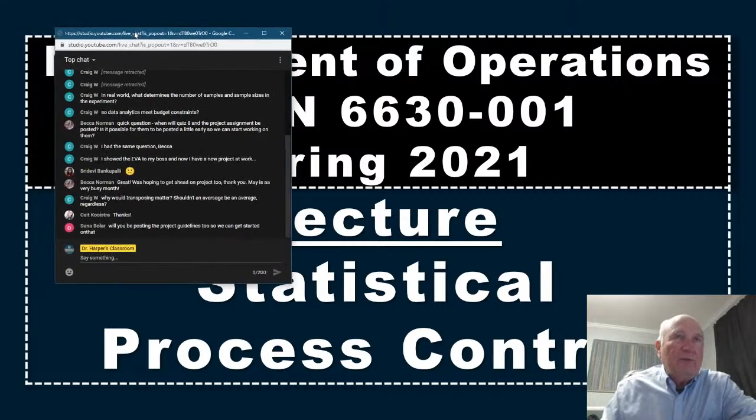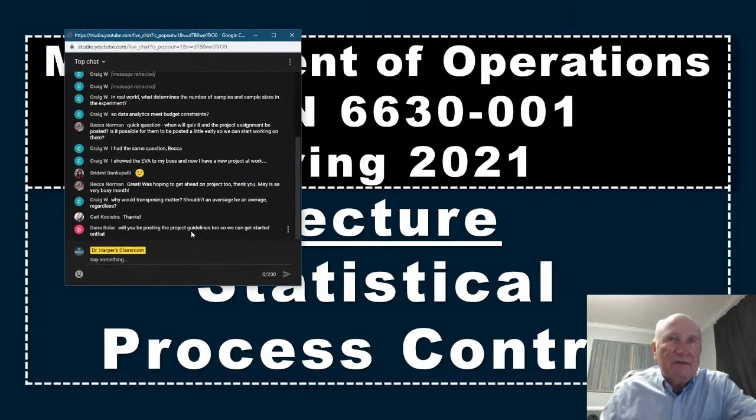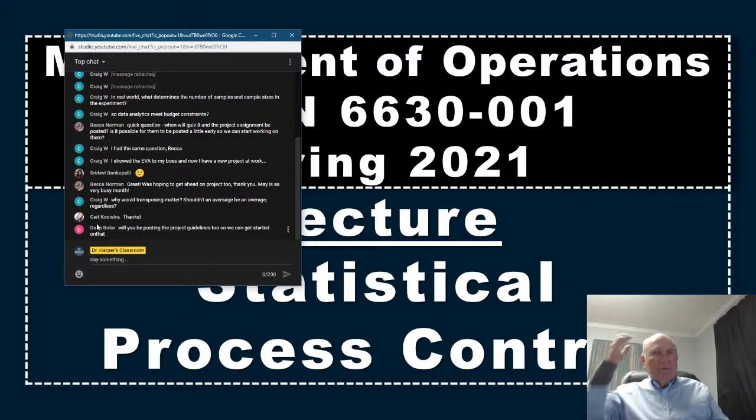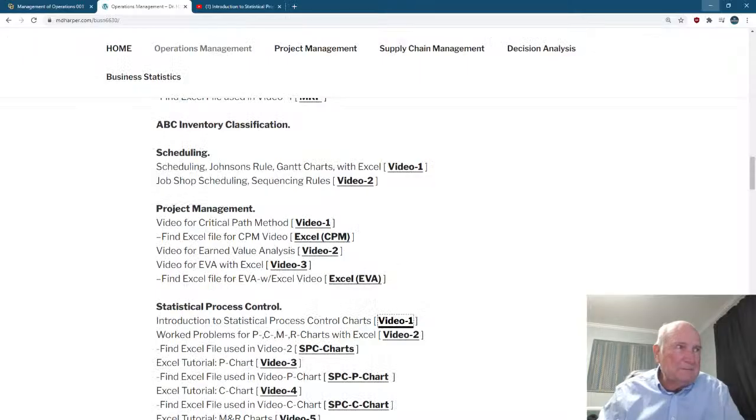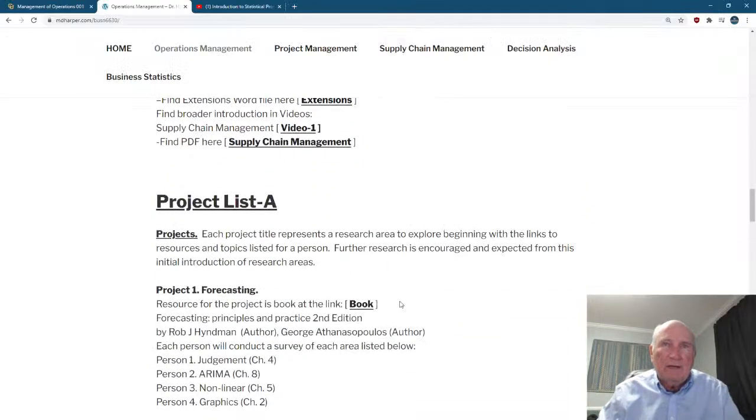Actually, I don't really plan to post the project outline, because it's not that much of an outline really. It's just whatever you're interested in, whatever you want to do. I explain it in the syllabus, and I have examples in my project list down here.